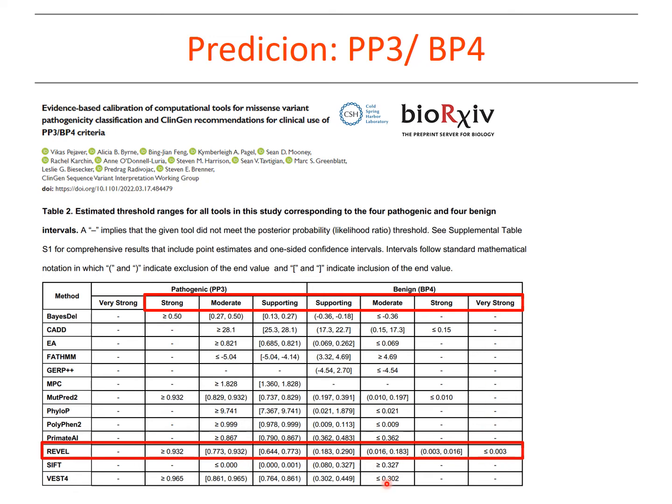And most importantly, they also give you a range. For example, between 0.290 and 0.644 you should not use it in any direction. This is also very important. You see in all tools, everything in between you should not use in any direction.